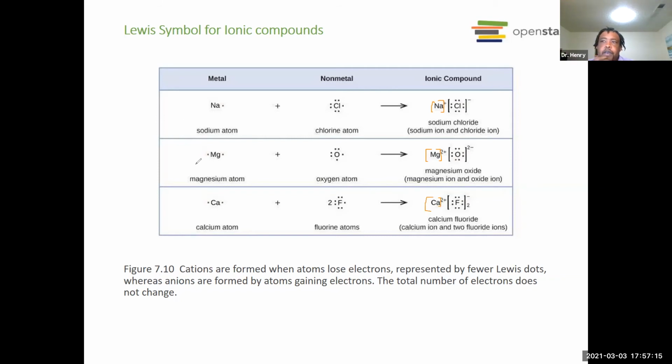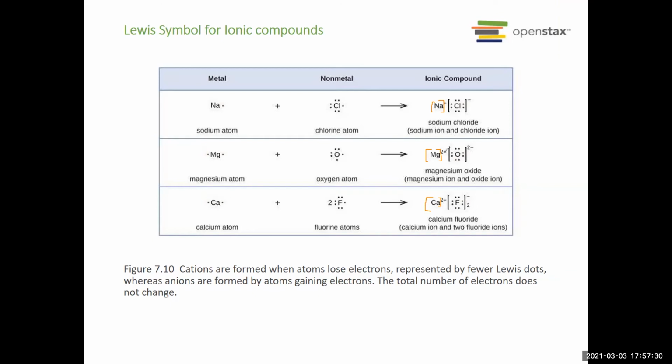And then in the case of magnesium, we're going to be losing 2 electrons, and oxygen is going to be gaining 2 electrons. So then we're just transferring the electrons. Simple. You see how it works? Yeah.